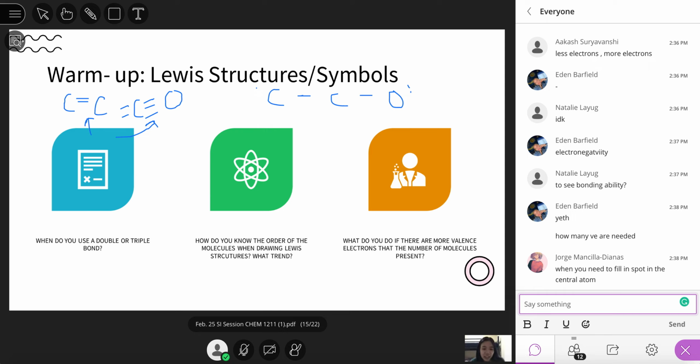Because this doesn't have an octet yet, right? C's not filled. If this has 6 on the outside and this also has 6, C's the only one that's not filled, but you can't put more lone pairs on it because there's not enough valence electrons. So you will put this on there. You do a double bond, or usually triple bonds exist between 2 molecules, but that's how you would know. You run out of valence electrons, you need an octet. That's it. That's super simple, super easy.